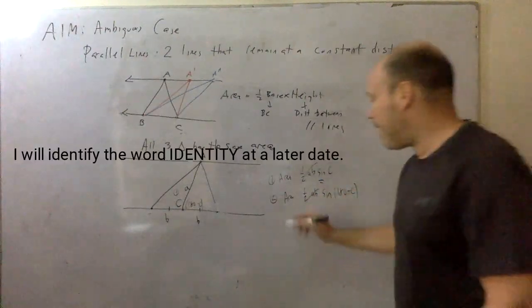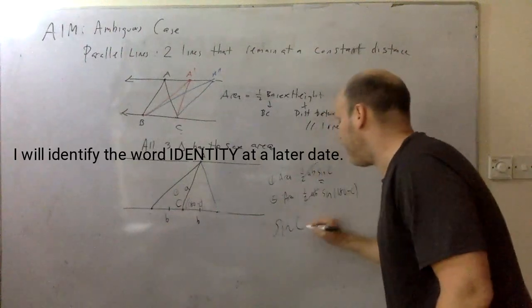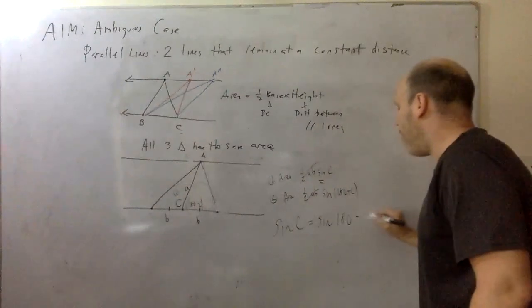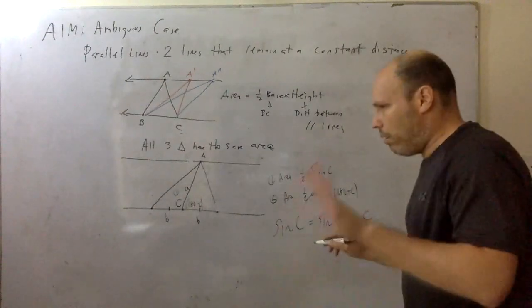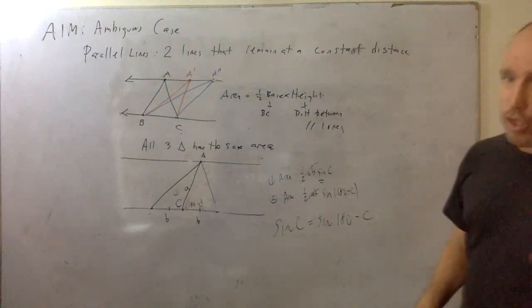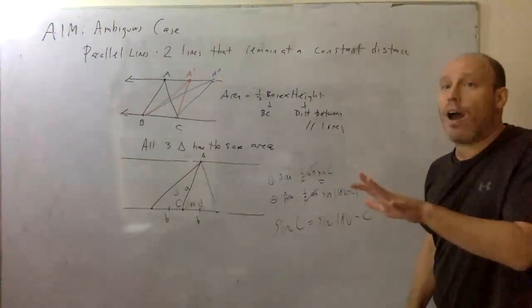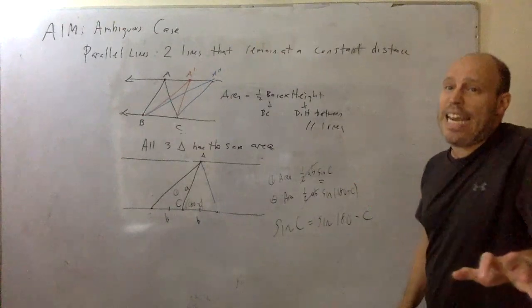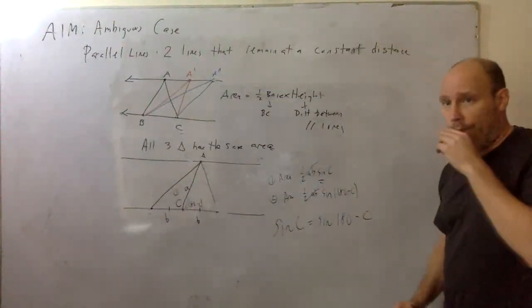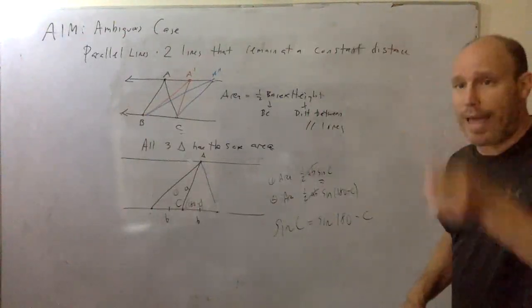We end up with this really amazing identity: the sine of C is equal to the sine of 180 minus C. Now, we're going to get to this because we're going to start to find the sine of 135 and 215 and 300 and 330, going around finding the sine, cosine, and tangent of all these angles.